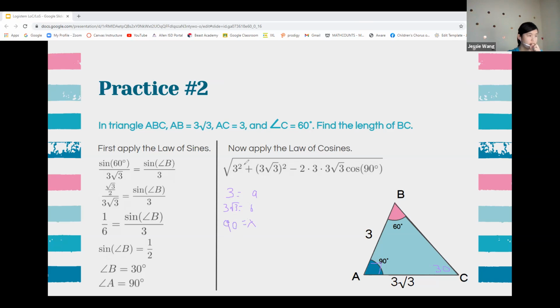So we plug that in. A squared is 3 squared, B squared is 3 root 3 squared, and x is just 90 degrees. Now we simplify this. Since cosine of 90 degrees is just 0, this entire part just goes away. So all we have is the square root of 9 plus 27, which gives us BC equals 6. I'll also apply the law of sines here if anyone wants it.